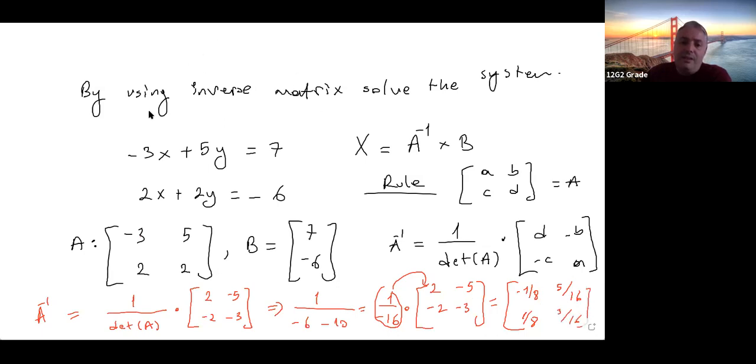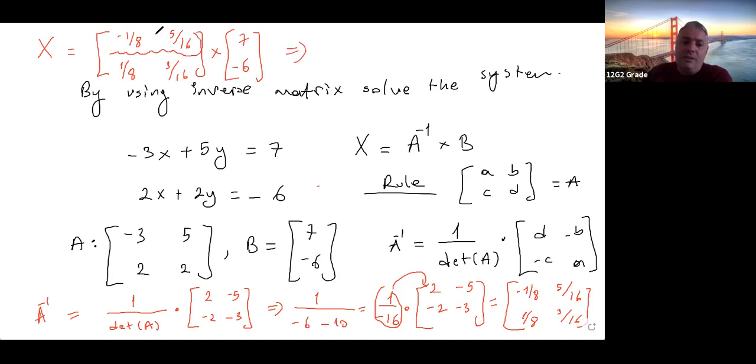Now, finally, let me write it here. X equals the matrix -1 over 8, 5 over 16, 1 over 8, and 3 over 16, times 7 and -6. So how can I write it right now? This one multiplied by this one, -1 over 8 times 7, -7 over 8, plus 5 over 16 times -6, it will be -30 over 16.